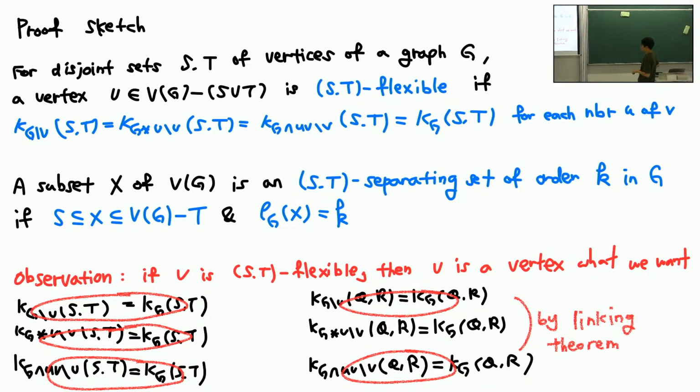So in this case, the vertex satisfies our result, and this is what we want to find. So when we prove the lemma, we can assume that every vertex outside Q, R, S, T is neither ST flexible nor QR flexible.